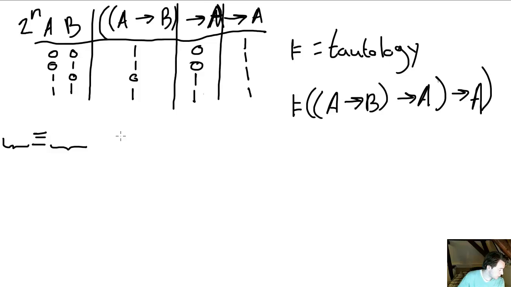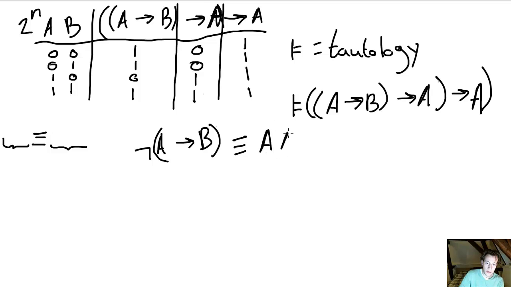So when you have the same truth tables, I'll show you one, and that's not (A arrow B), oh sorry, there are some parentheses, and it is equal to A and not B. So how are we going to see this?